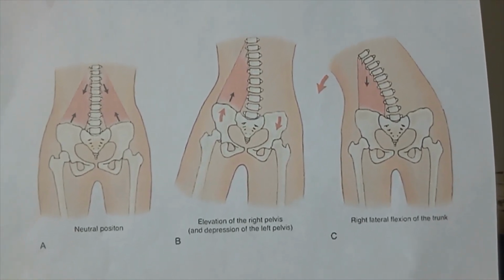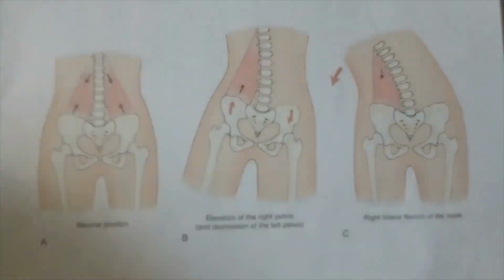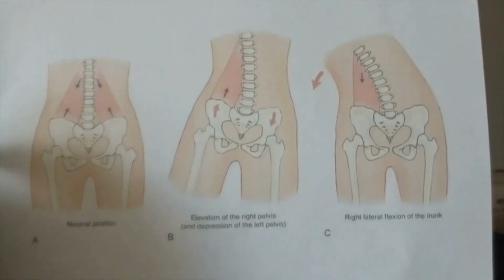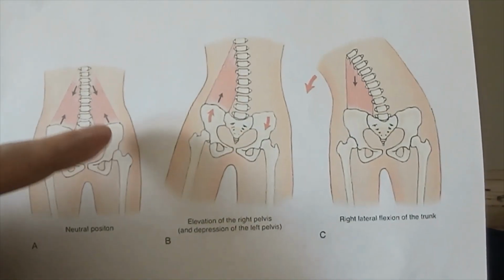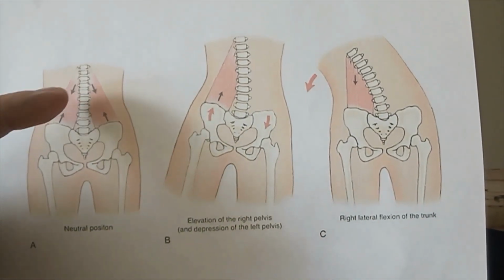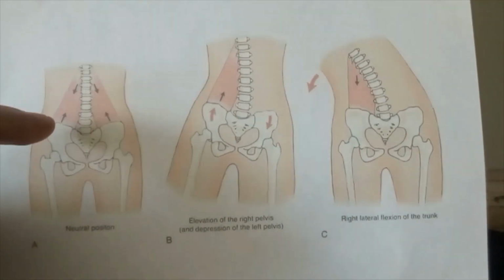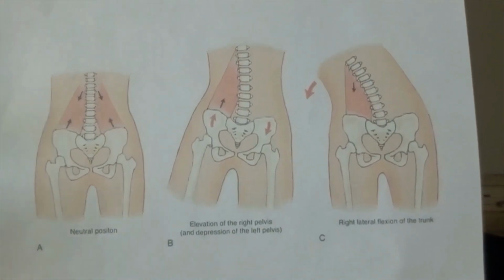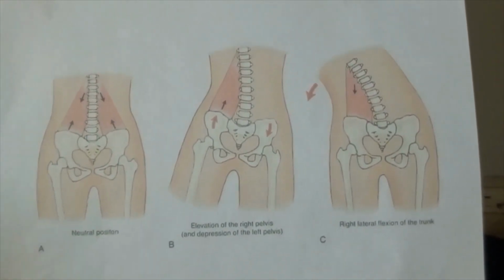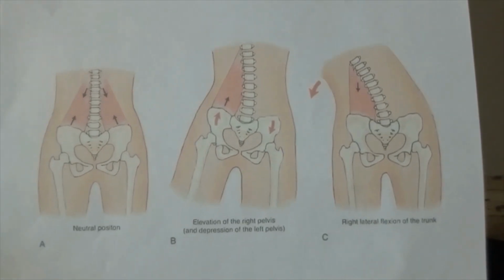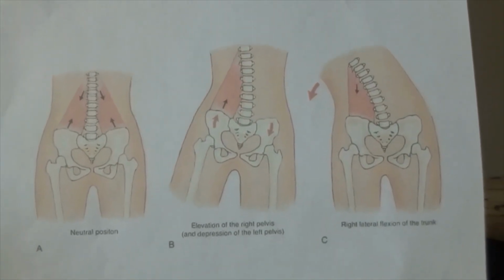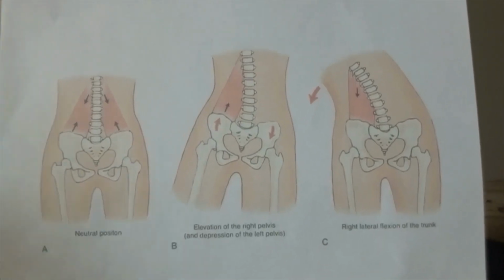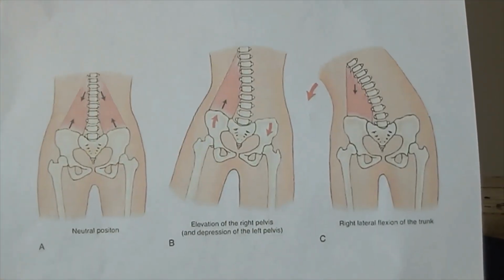Obviously, in a normal, good posture, neutral position, you've got your QL on either side of the spine, and they're both equal lengths, equal levels of tension, and the impact of stress on these muscles is going to be equal.